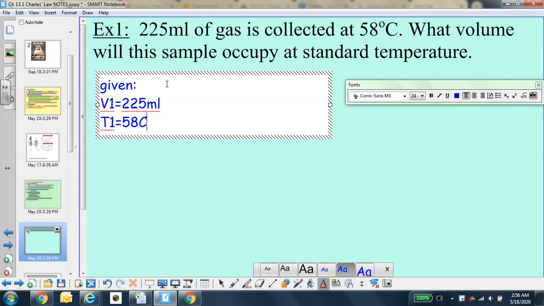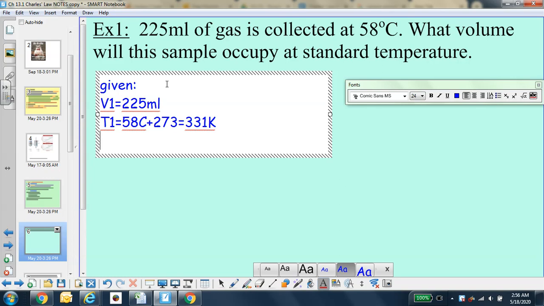Now we can't keep it in Celsius. We have to get it into Kelvin. So what do we need to do? Add 273. And that comes out to be 331 Kelvin.